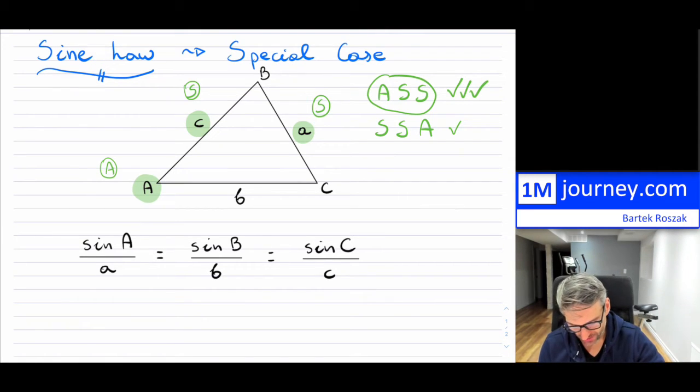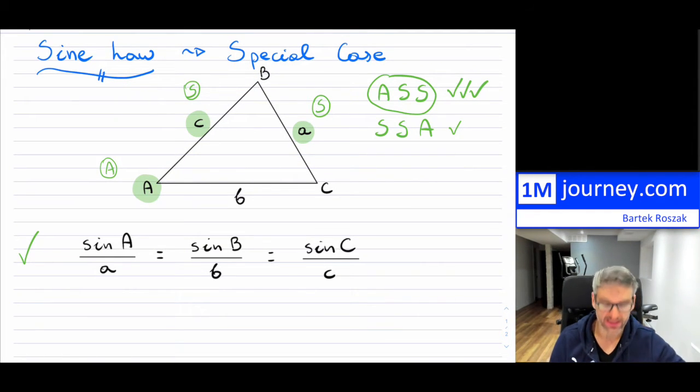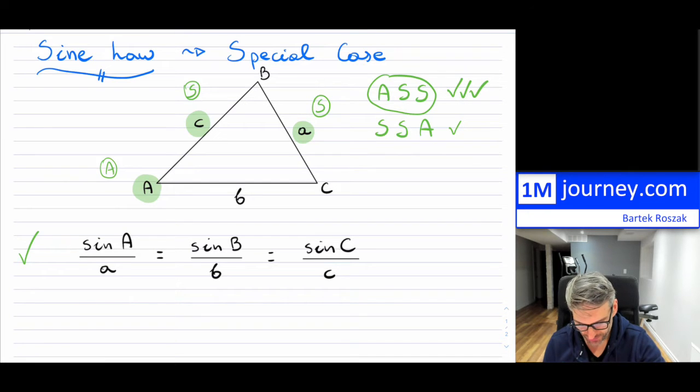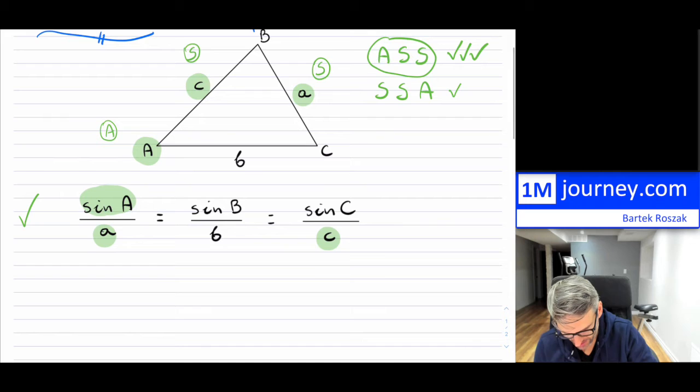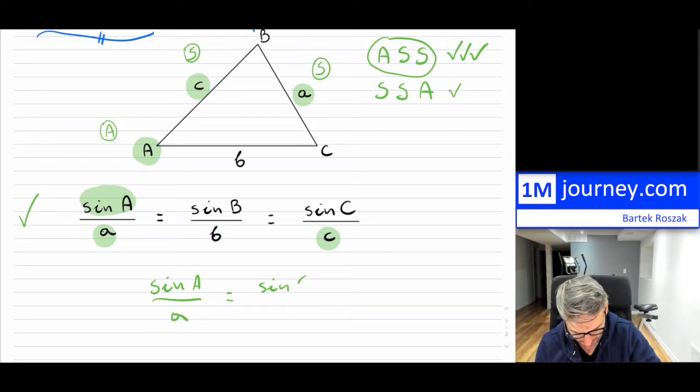Now, if you have this given, and here is your sine law that you have studied, and maybe I'll put up a link above there again if you want to see where that came from, then you will notice that you can actually use this to your advantage. If I know the angle right here, the side right here, and this right there, I can find the angle C. Sine of A over a is equal to sine of C over c.